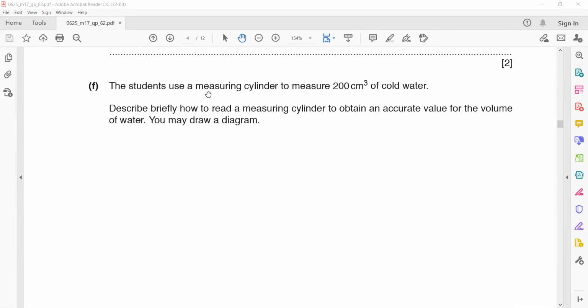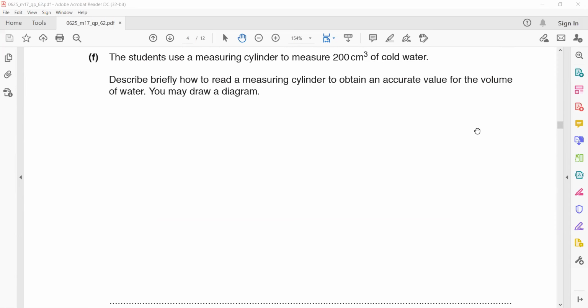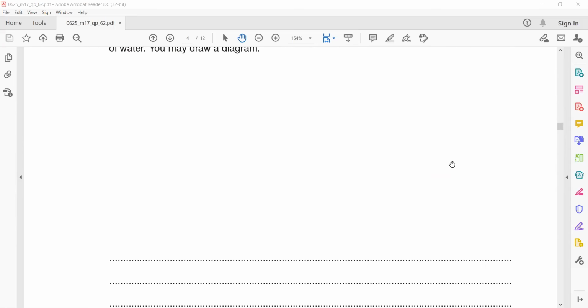The student uses a measuring cylinder to measure 200 cm cube of cold water. Describe how to read the measuring cylinder to obtain an accurate value of the volume. You may draw a diagram. It is 2 marks.